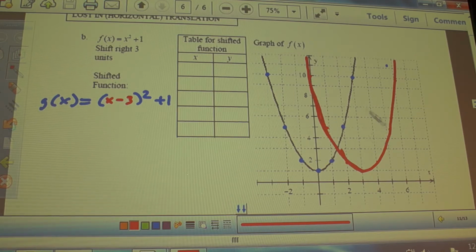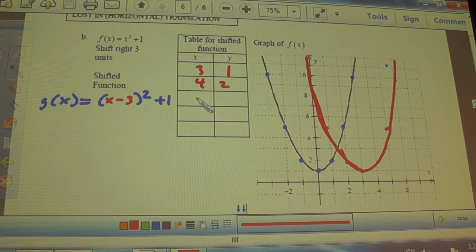And then what are those points? Let's see. 3, 0, 4, 3, 1, my bad. 4, 2, was that 5, 5?